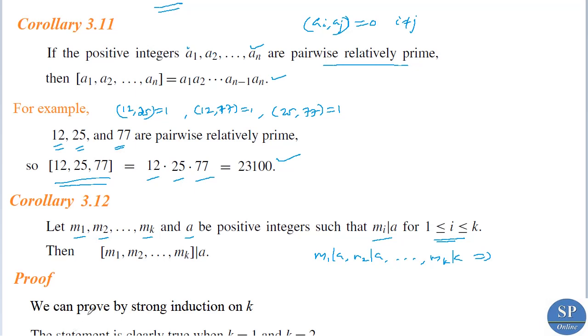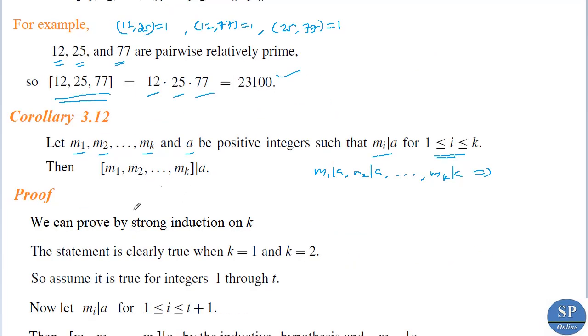We can prove this by strong induction on k. The statement is clearly true when k equal to 1 and k equal to 2. That is, if m1 divides a, then the GCD m1 actually divides a, so for k equal to 1. Now k equal to 2 means m1 divides a and m2 divides a implies the LCM of m1, m2 divides a. That's also clear.